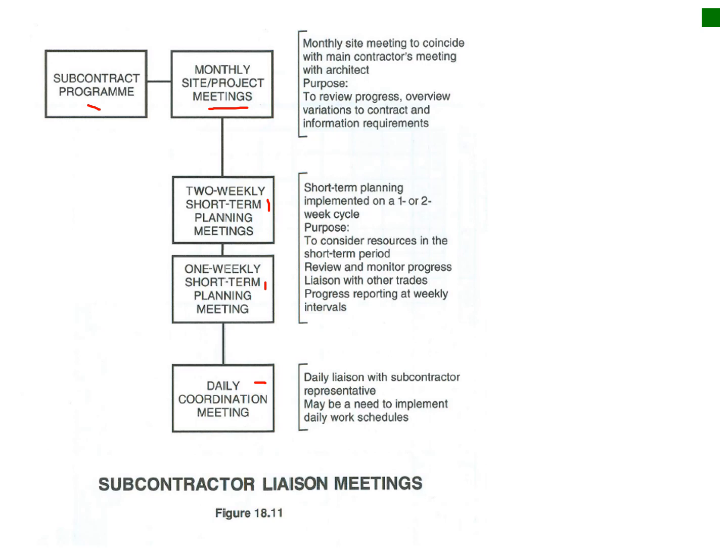And then your 2 weekly meetings are more on technical items, short-term planning, implementation on 1 or 2 week cycles. The purpose is resources in the short-term period, review and monitor progress, liaison with other trades, progress reporting at weekly intervals, etc.